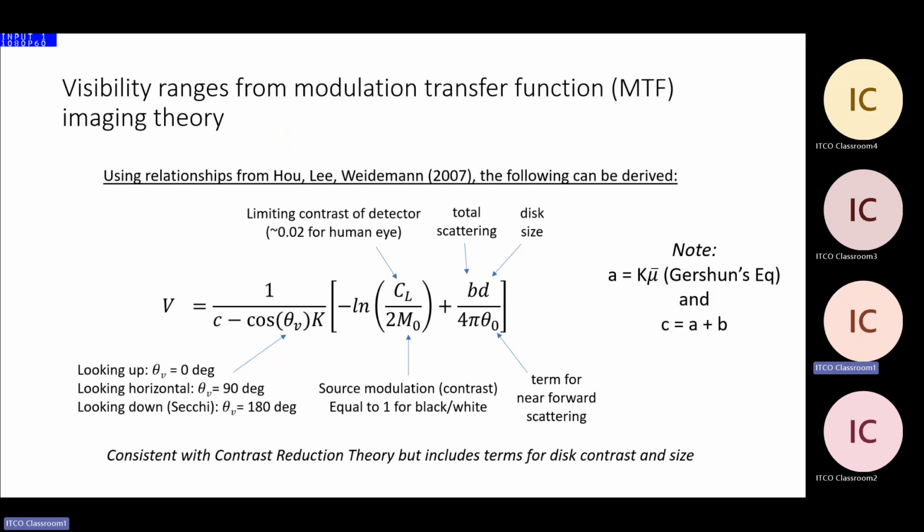So this has the same terms: 1 over C minus cosine theta K. When you're looking straight down, cosine theta is -1, so it's 1 over C plus K. This is really the same as classic contrast reduction theory, with our limiting contrast, but we've also added other terms where we can take into account the size of the disk. So it takes into account two things: the size of the disk as well as the relative contrast of the disk. And this works really well.